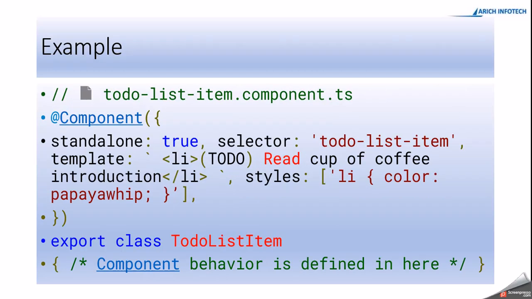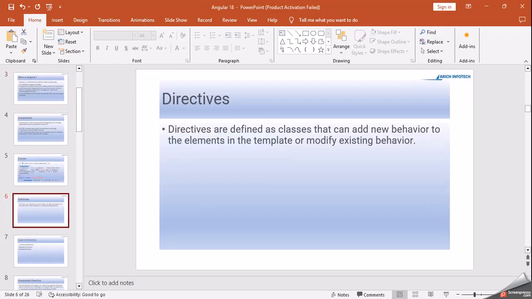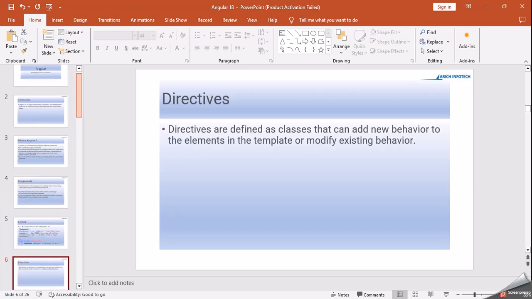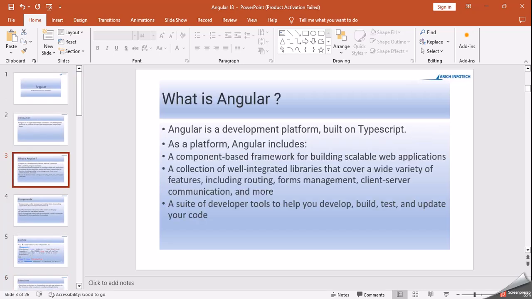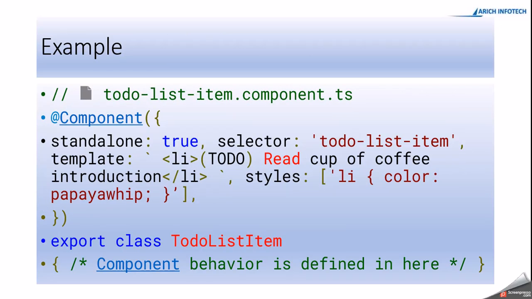Next is the example. Here you can see this is the component name dot component dot TS file, and this is a decorator, starting with the at sign. Through the component decorator we declare it as a component.